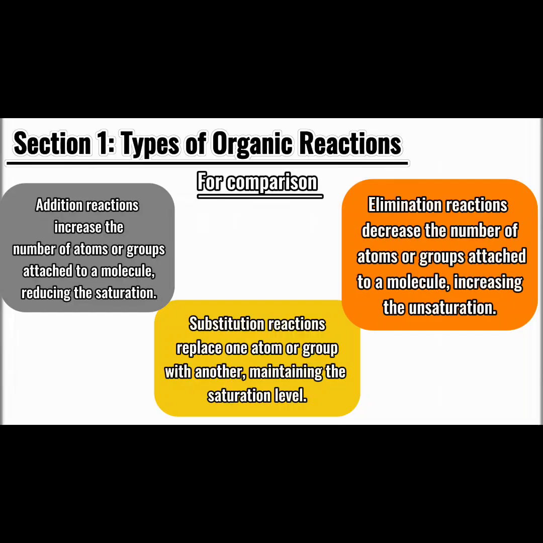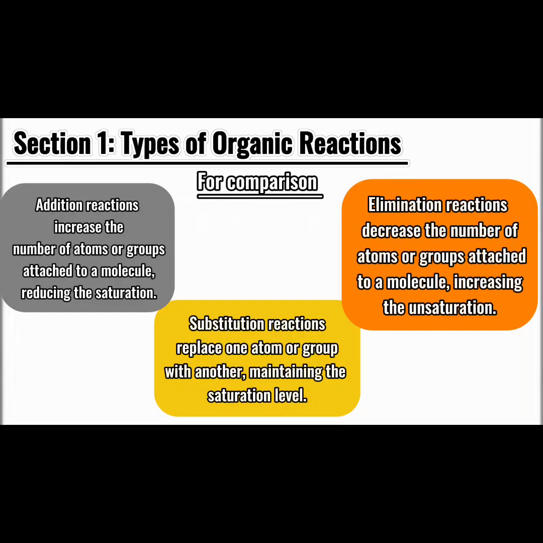We go from a multiple bond to all single bonds. On the opposite side, the elimination reactions are the reverse. They decrease the number of atoms or groups attached to a molecule, increasing the unsaturation by forming a new double or triple bond.